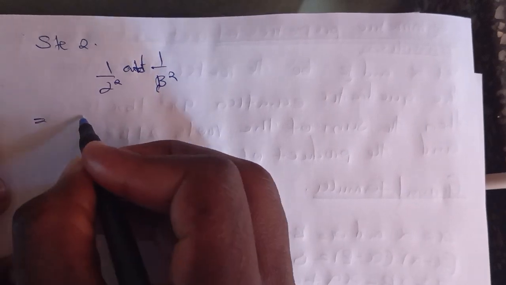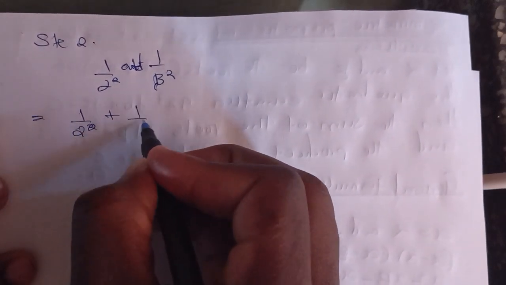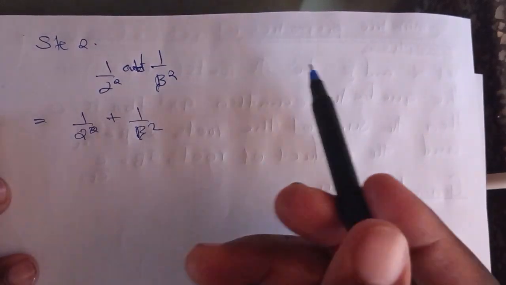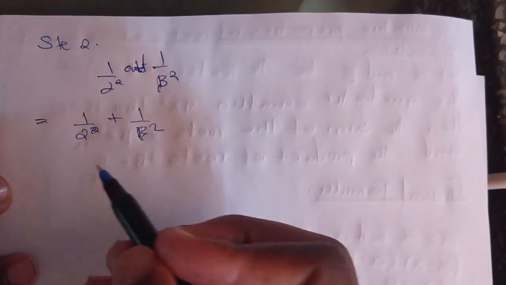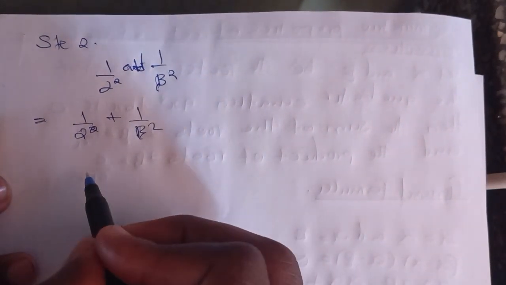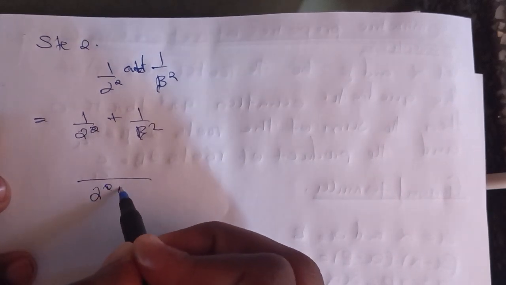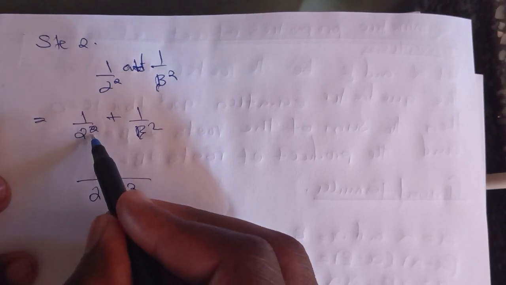We get the sum by saying 1 over alpha squared plus 1 over beta squared. So you just evaluate as you solve normal fractions. You are going to find the LCM. So you know that this would be alpha squared beta squared. Okay, then you divide now.